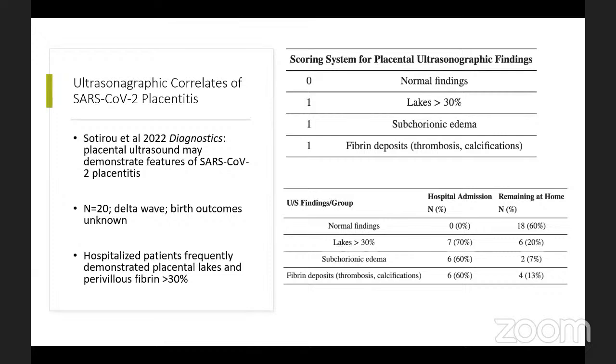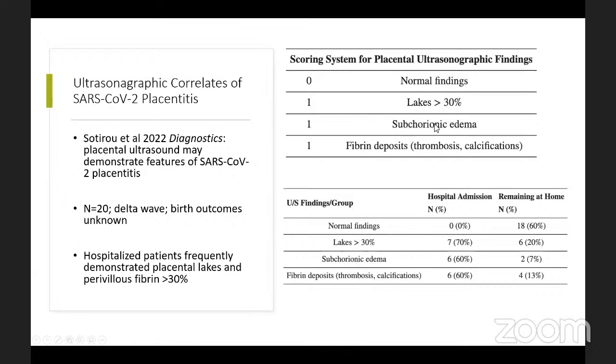But they found that hospitalized patients with SARS-CoV-2 placentitis or presumptive SARS-CoV-2 placentitis frequently demonstrated these placental lakes and massive perivillous fibrin deposition, so greater than 30% of the placenta involved, as seen by ultrasound. And they came up with sort of a placental ultrasonographic scoring system for SARS-CoV-2 placentitis, looking again for the lakes that we had seen.